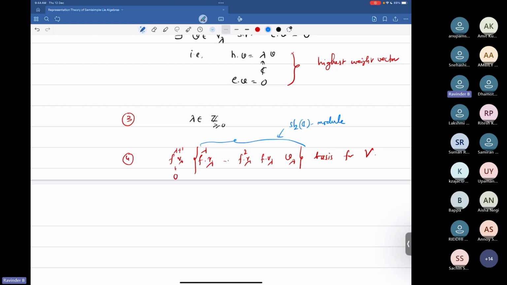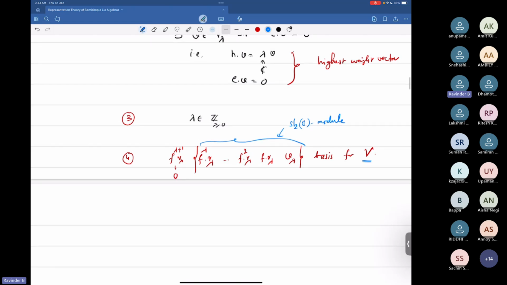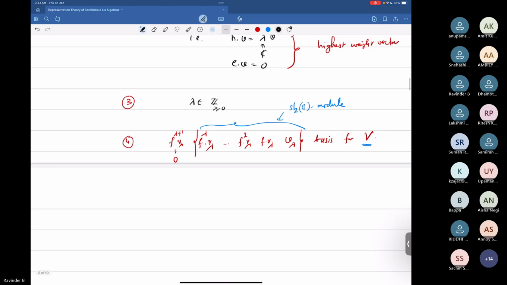So it is a sub-representation and V is irreducible, so V is equal to this. This is the same thing I want to do in general for any semi-simple Lie algebra. But before going to semi-simple Lie algebras, let me begin with SL3C.